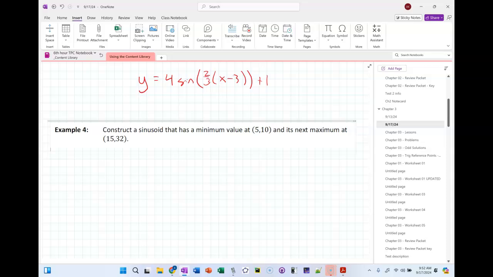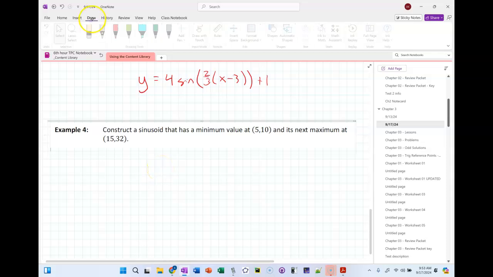Here we've told you that those are what the points have to be. So there's no choosing anything else, right? And in fact, we're told that we have this minimum, and then the next maximum after it is this one. There's not another maximum in between or something, right? Is everybody okay?